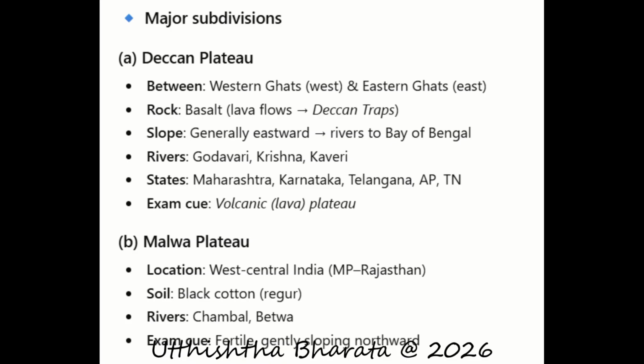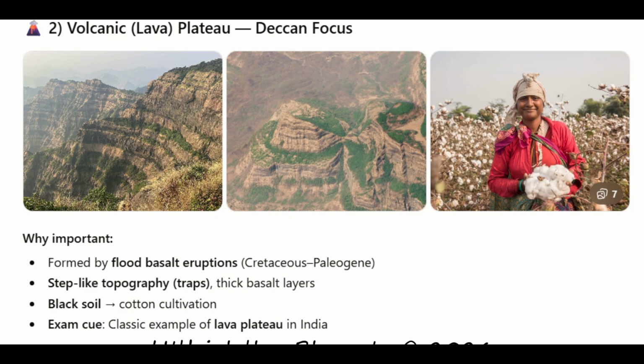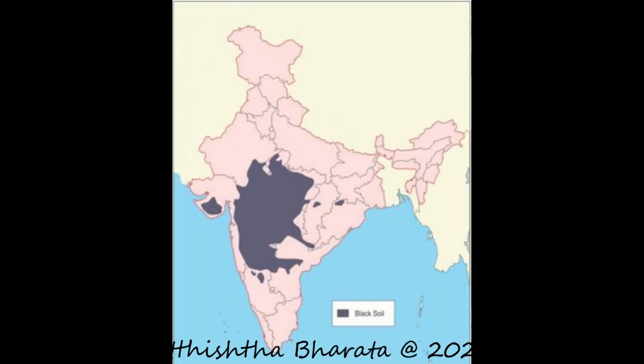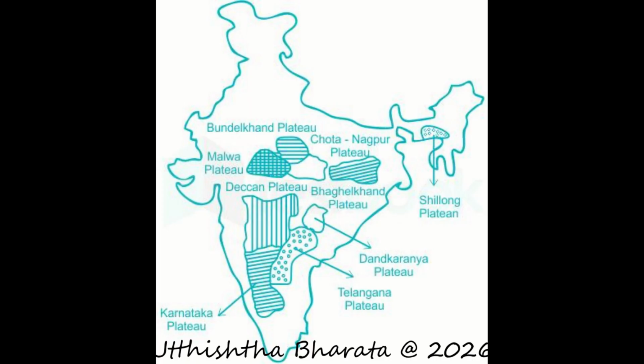Now, further, Uplifted Plateau. They are the result of endogenetic forces. Generally, the middle portion of the land mass gets uplifted. This happens in such a manner that the sides around start forming dome-shaped tablelands.